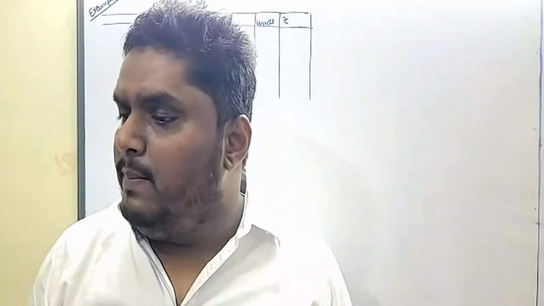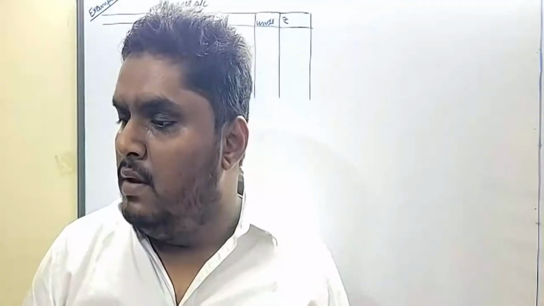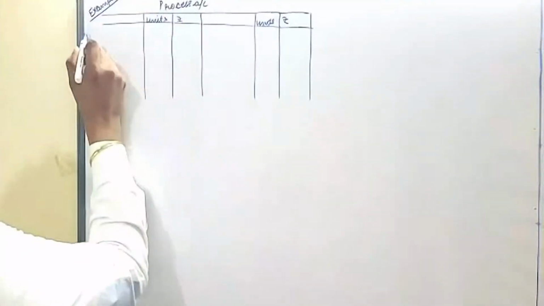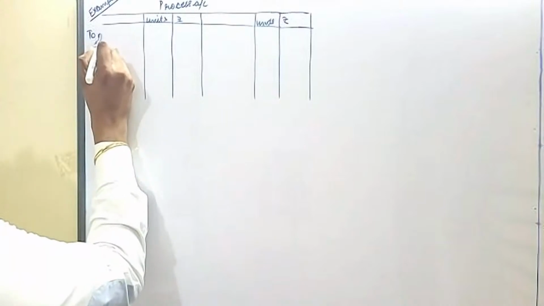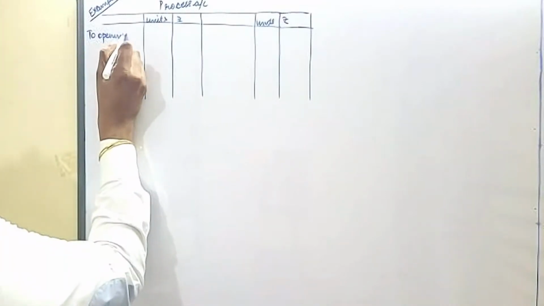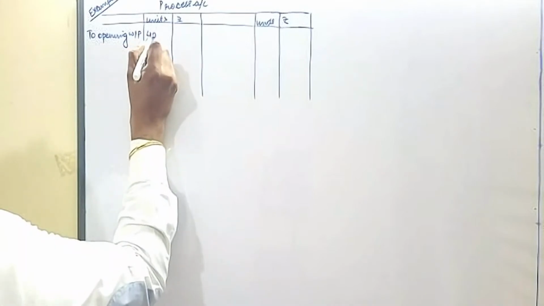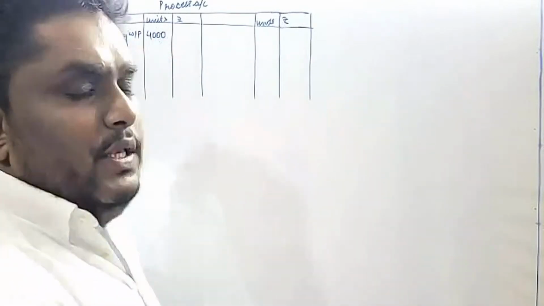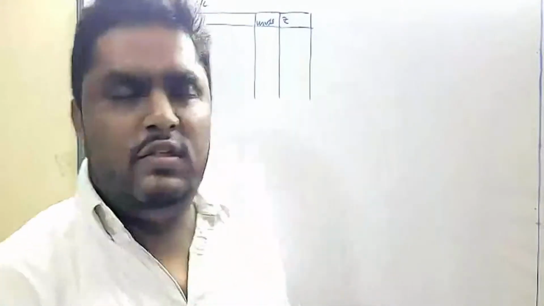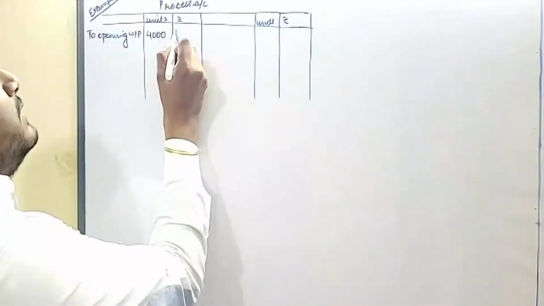Herein the opening work in progress is given, that is 4,000 units, and the cost of these 4,000 units is 8,000.